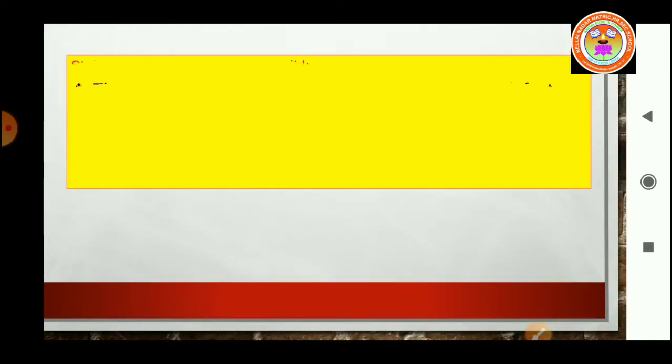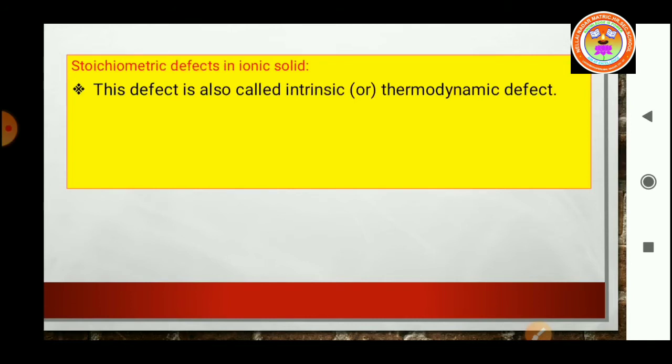So the first one, what are stoichiometric defects in ionic solids? Already we know the meaning of stoichiometric, that is the same. In this type of crystal, the number of cations must equal the number of anions. This defect is also called an intrinsic or thermodynamic defect. What is another name?